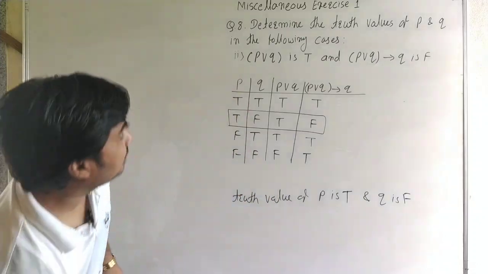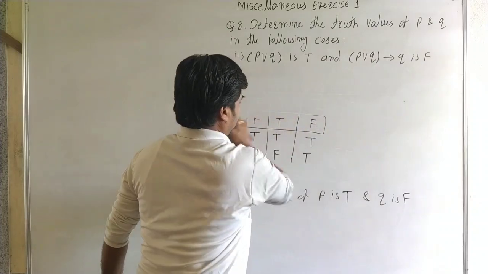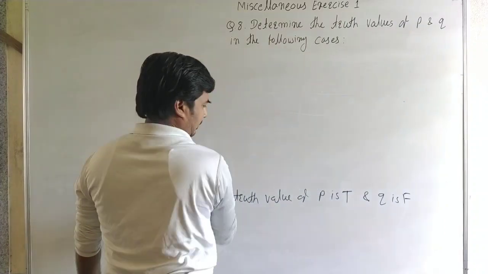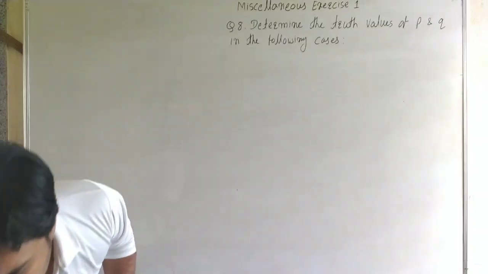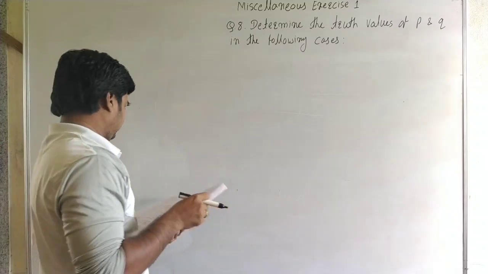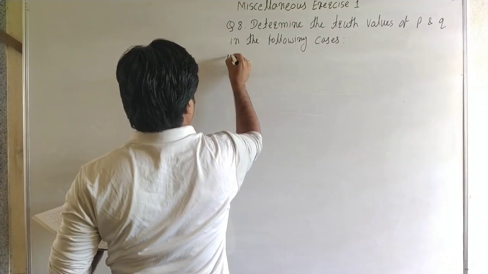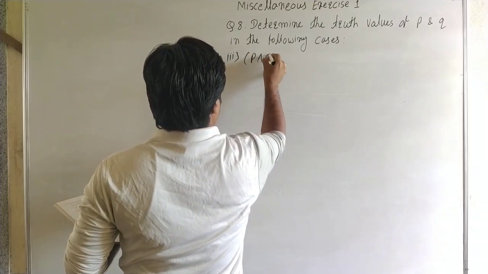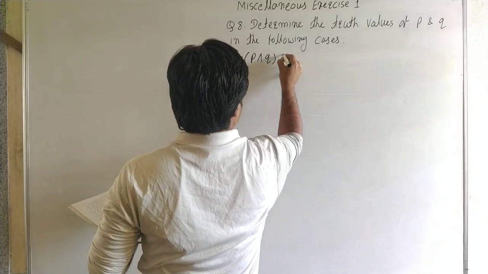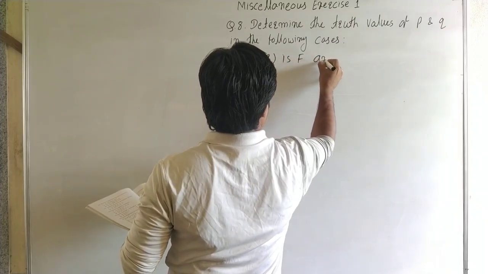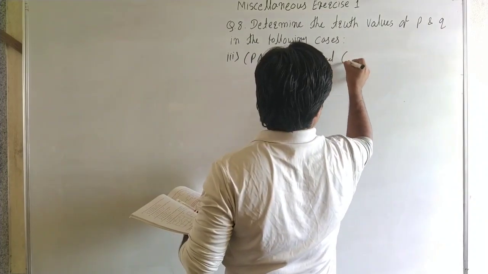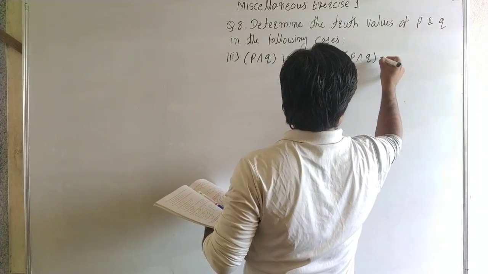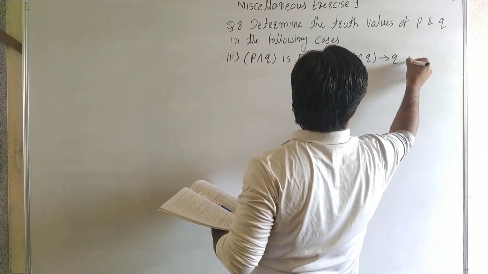Okay, now the third example in this problem. P and Q is false, and P and Q implies Q is true.